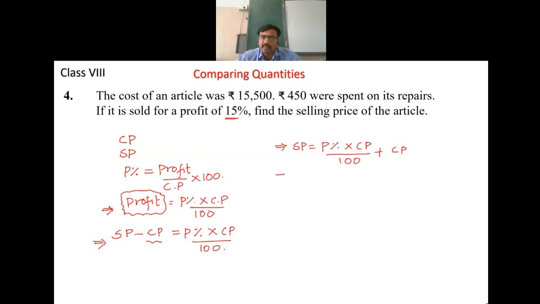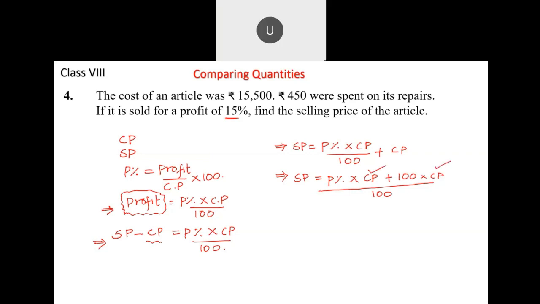Now if you take the LCM, SP will become profit percent into cost price plus 100 times the cost price, divided by 100. Now if you observe, this particular CP is a common factor for both the terms, so that can be taken common.